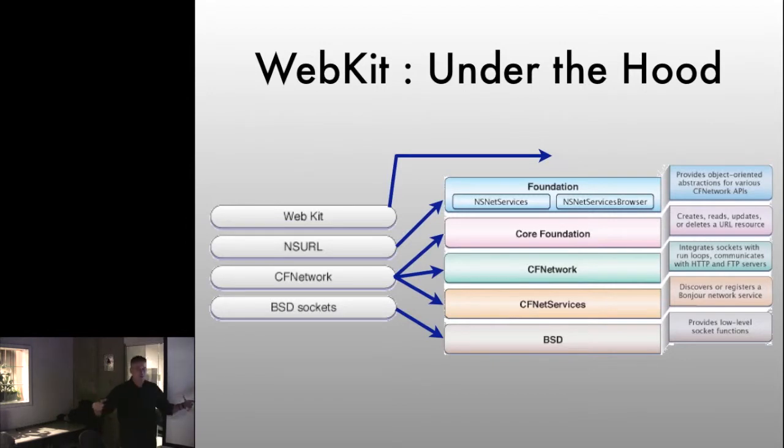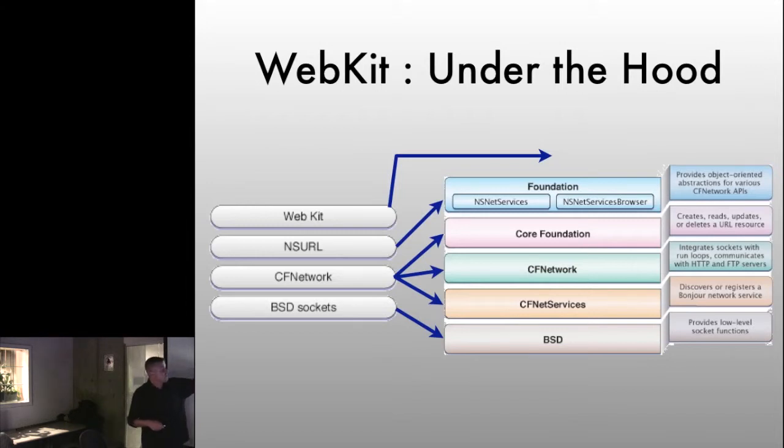Under the hood, like I said, it's built on quite a huge foundation. At the lowest level are the BSD sockets. Then all of Core Foundation sits right on top of BSD. Core Foundation, again, is kind of the C bridge to BSD and to Objective-C or to Cocoa. The CF network sits on top of the sockets.